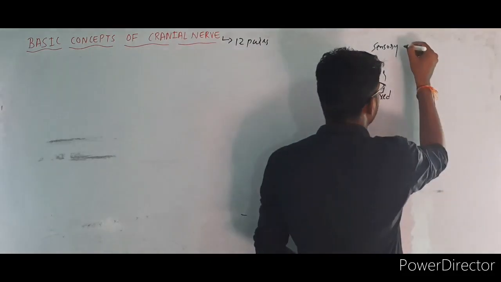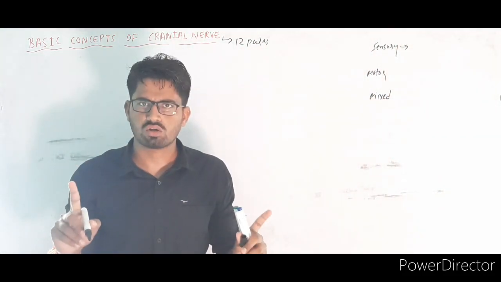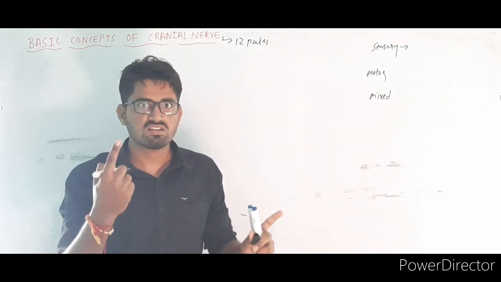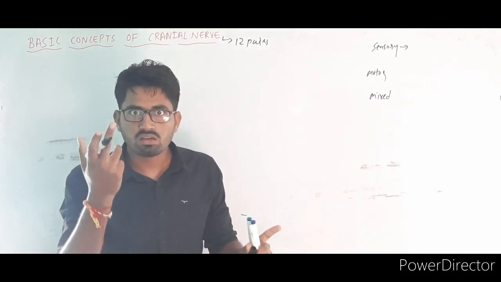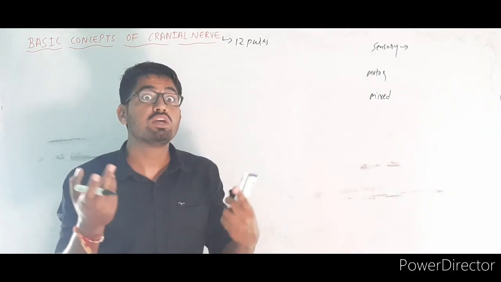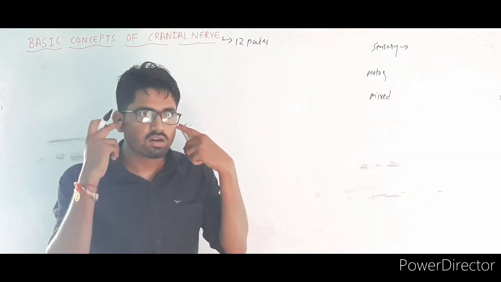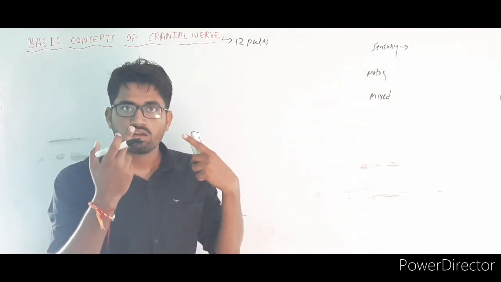So here, sensory. Can you tell me the sensory? Just think which is your sensory organ. Olfaction is sensory, right? Optic, I'm visualizing the things. And I'm hearing, you are hearing me, right? So the ear.